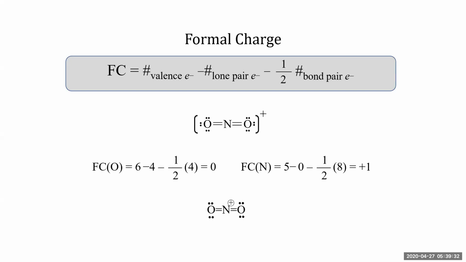Formal charge equals valence electrons for the atom minus number of lone pair electrons minus 1/2 the number of bonding electrons.